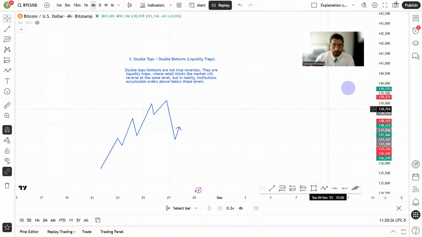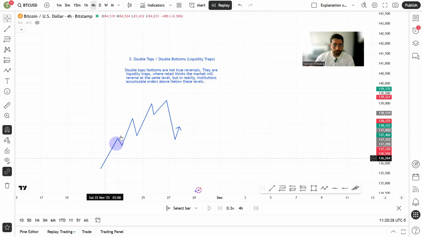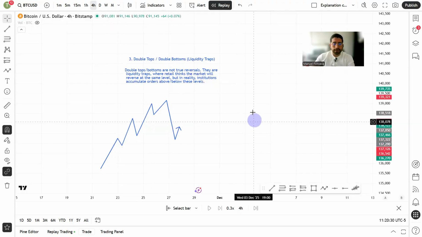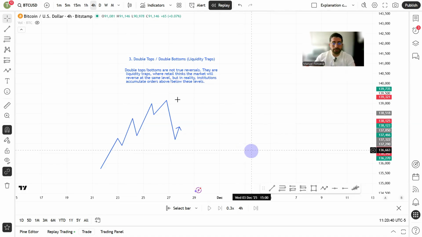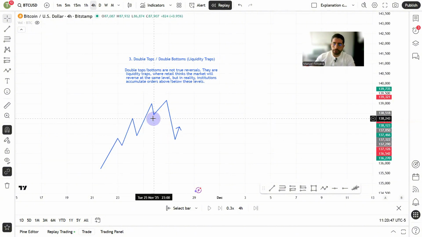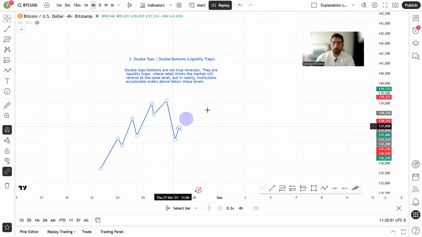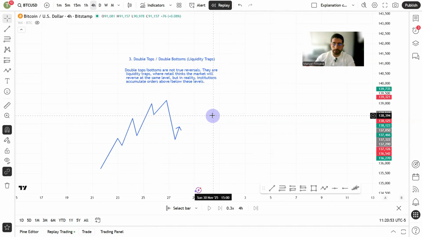Okay? Again, we're in a bullish example, a bullish trend, correct? Now, if you're in a bullish trend, you start thinking, or you have learned, continuation patterns, correct? Some of these patterns, and this is one of the most common ones, are the double bottom or double top. Because we're in a bullish trend, we're going to see examples of double bottoms, because it's the one that continues with the direction of the market.